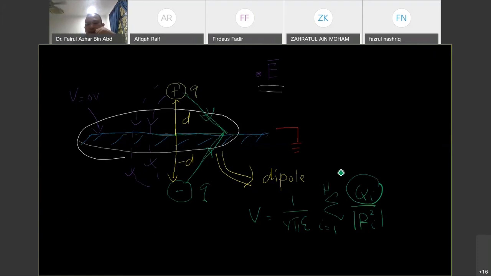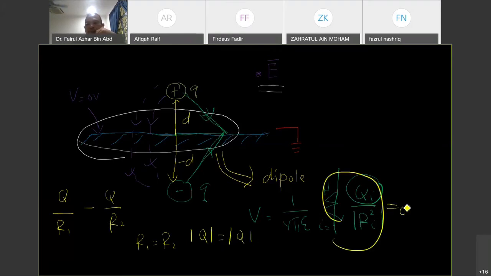If we consider this part of the equation, we have Q divided by R1 minus Q divided by R2. Because R1 is equal to R2 and the magnitude of Q is the same, this part of the equation becomes 0. Then V is equal to 0 at this grounded plane.